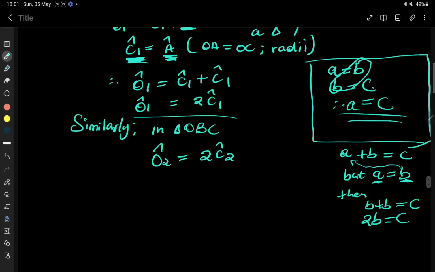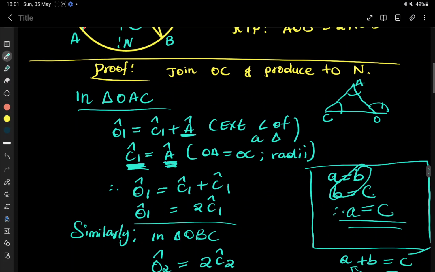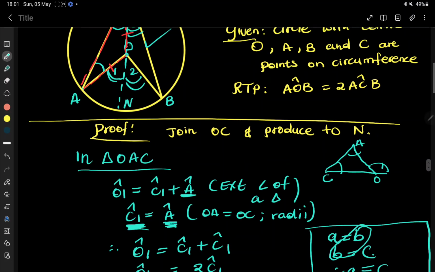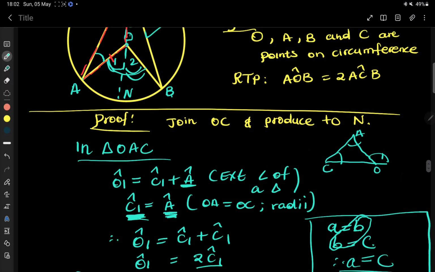Then you're going to add O1 and O2 because remember it forms AOB. So it's O1 plus O2. We combine it. Therefore angle O1 plus angle O2 is equal to 2C1 plus 2C2. Then O1 plus O2 according to the RTP is AOB.